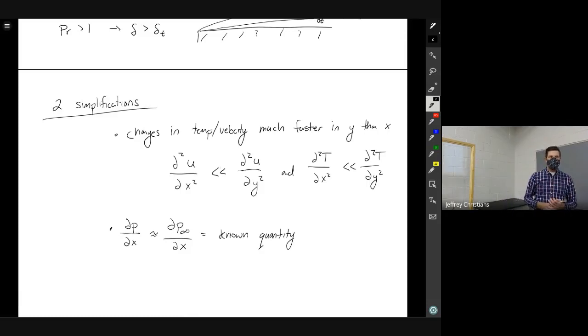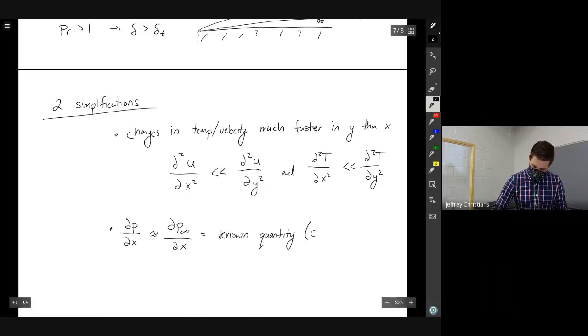So there are going to be pressure changes in the boundary layer, but we'll kind of forget about that. Again, you'll see maybe how some of this comes about. So we would calculate this with fluids type stuff.